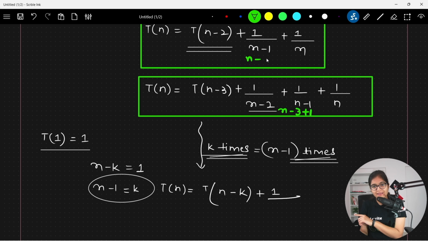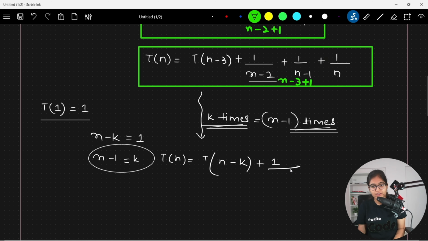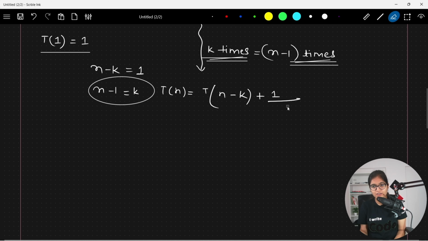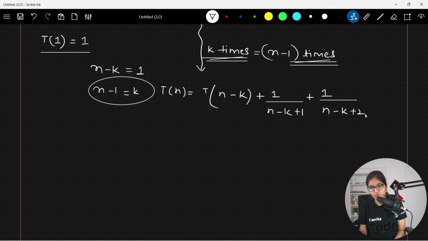Similarly, in the above case it will be n minus 2 plus 1. So the value should be n minus k plus 1, plus again 1 divided by n minus k plus 2, and so on, until we get 1 divided by n minus 1 plus 1 divided by n.